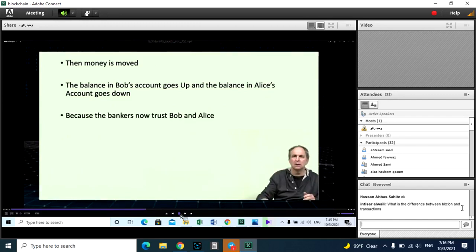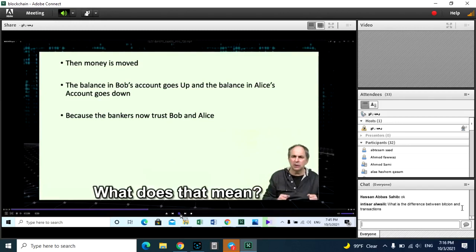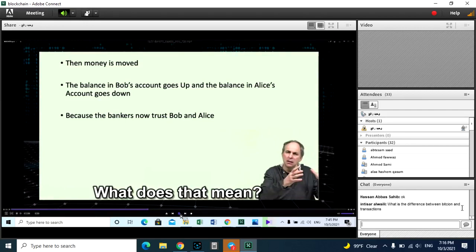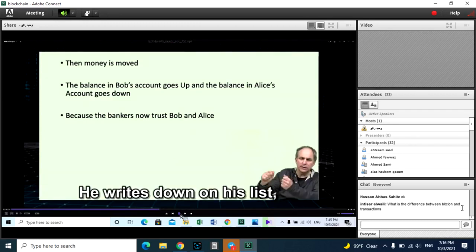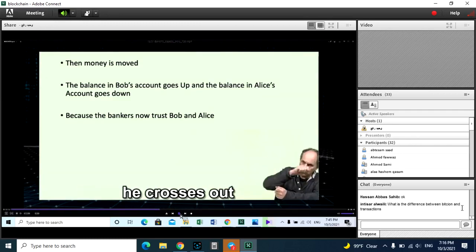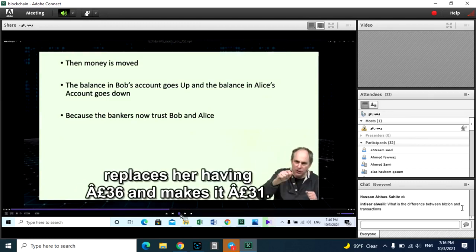I know I'm laboring points you know very well, but this is important to understand for later. Bob's banker now has a ledger. He crosses out Bob's having 17 and replaces it. Alice's banker replaces her having £36 and makes it £31.